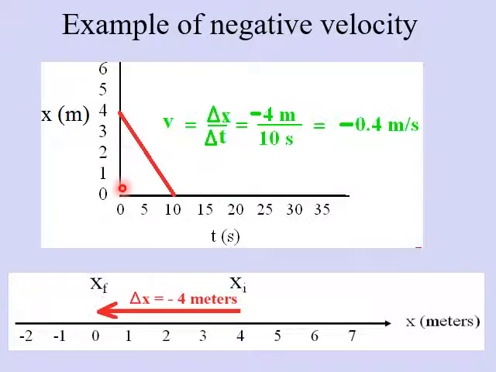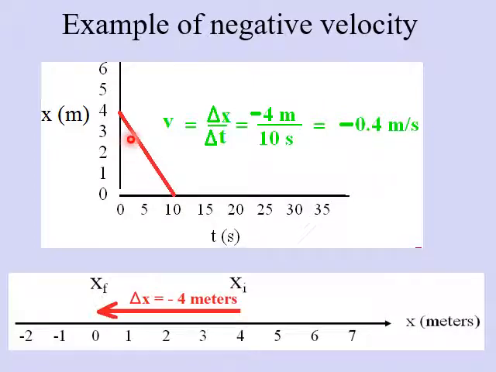So notice at time 0, this is time down here along the horizontal axis. At time 0, we can read off the graph that this object, whatever it is, started at 4 meters. So on this graph here, which shows the x-axis drawn horizontally, we have our object starting here at 4 meters.